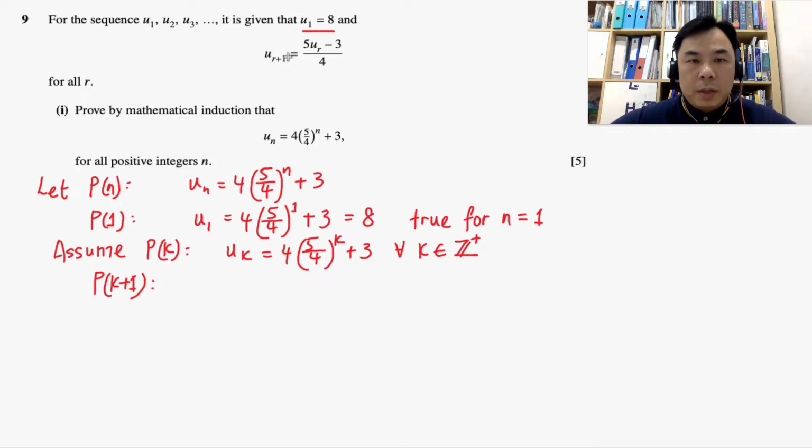That is basically given by this sequence, uk plus 1, which is the same as 5 over 4 uk minus 3 over 4, sorry.